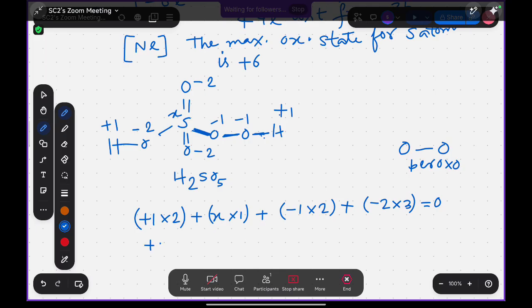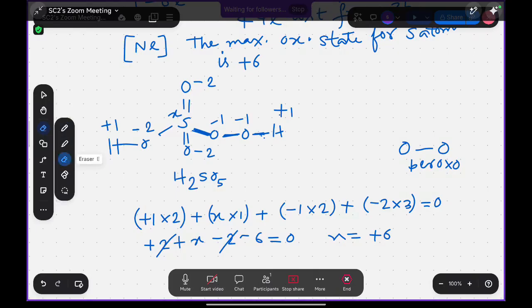So +2 plus X -2 minus 6 is equal to 0. So X comes to be +6.